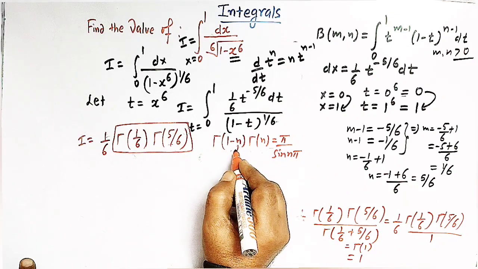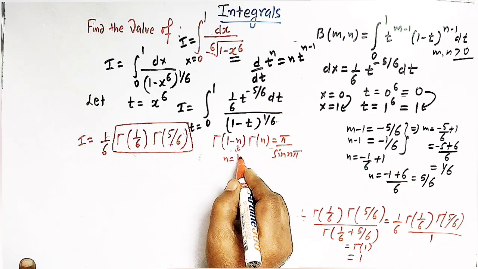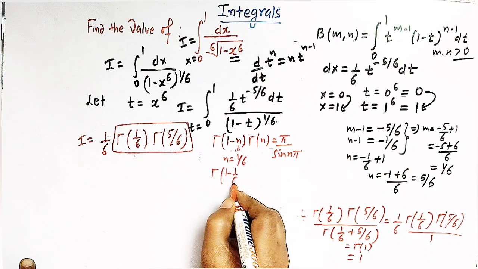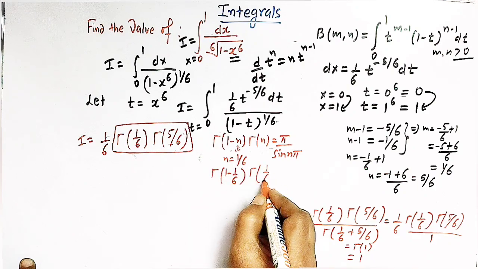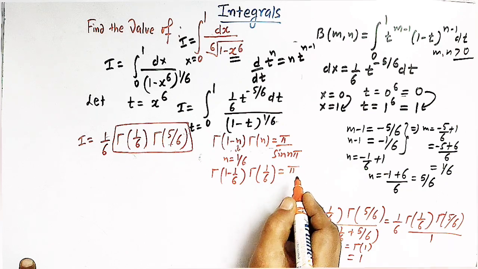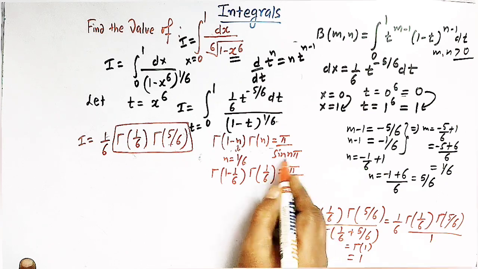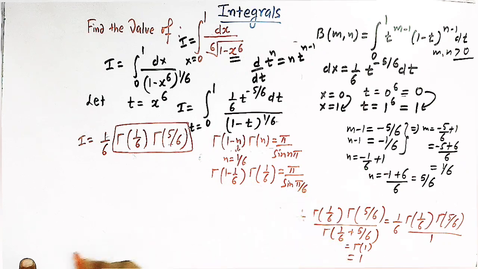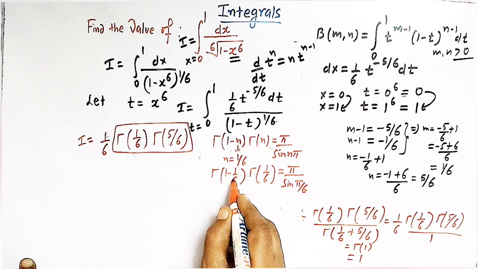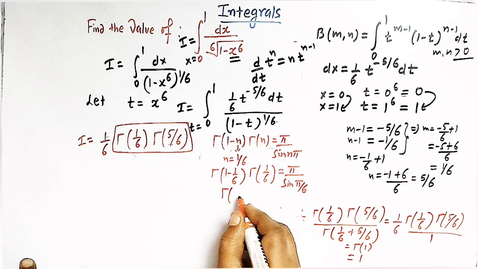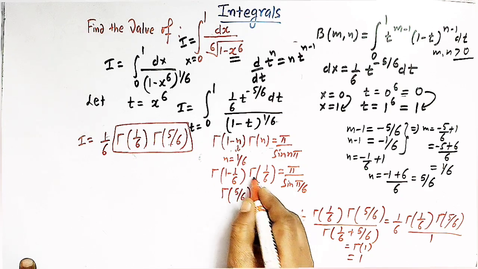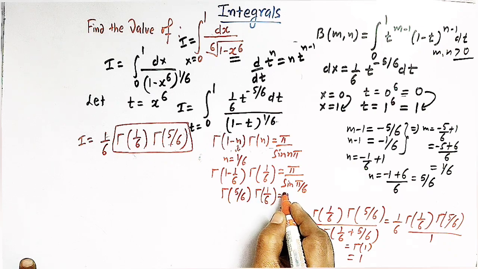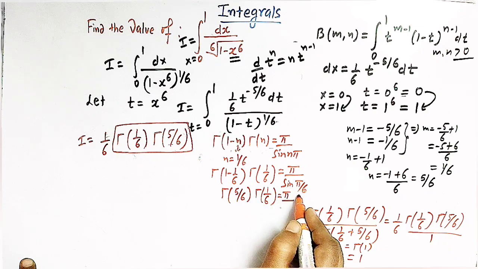If we take n as 1 over 6, then we have gamma 1 minus 1 over 6, gamma 1 over 6, and pi divided by sine pi by 6. Now 1 minus 1 over 6 is 5 over 6, so this is gamma 5 over 6 times gamma 1 over 6 equals pi divided by sine pi by 6.